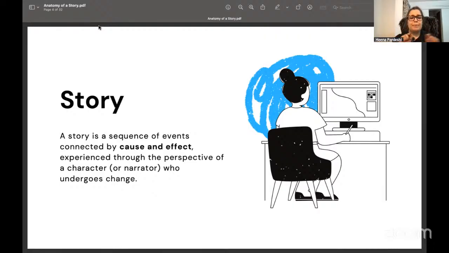But beneath that simple definition, there lies a network of emotional, psychological, and thematic architecture that transforms plain information or a very simple concept into organized storytelling. And that is exactly what we are going to learn in today's session.